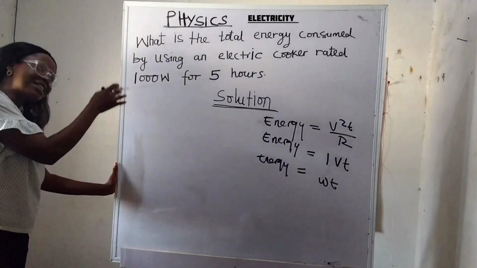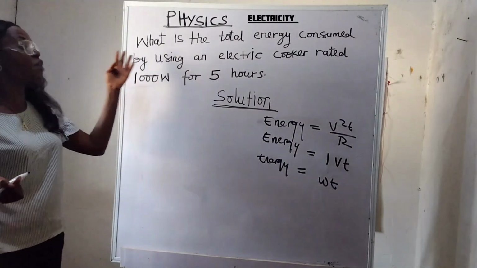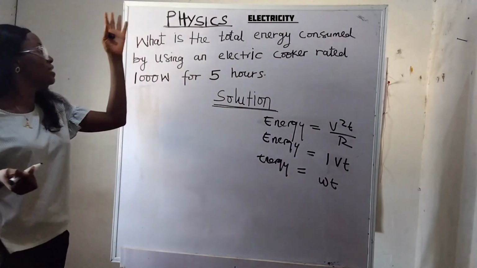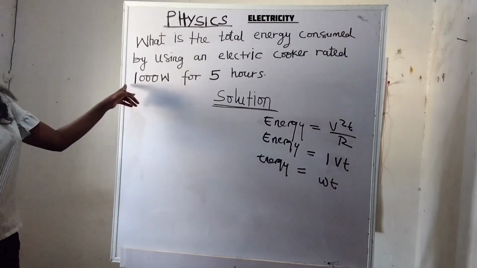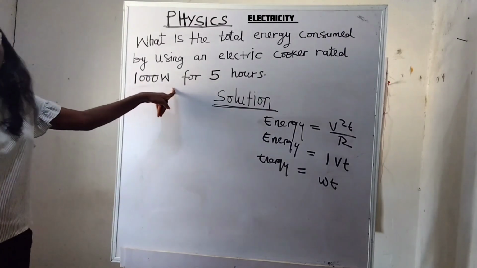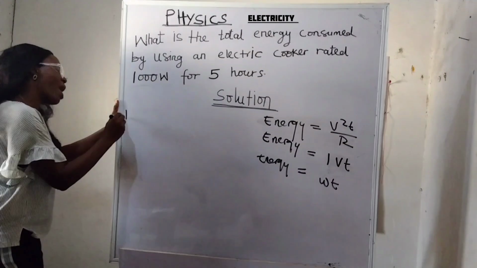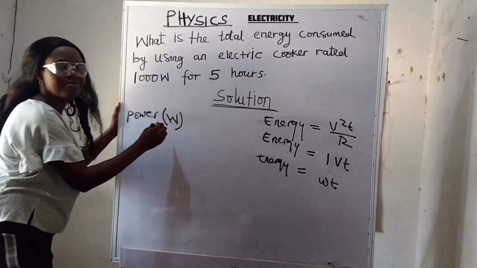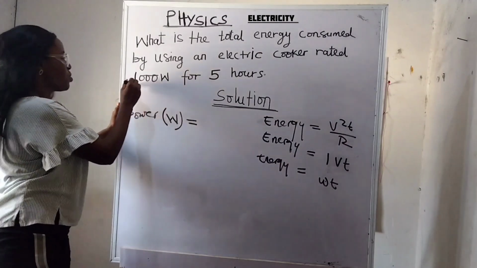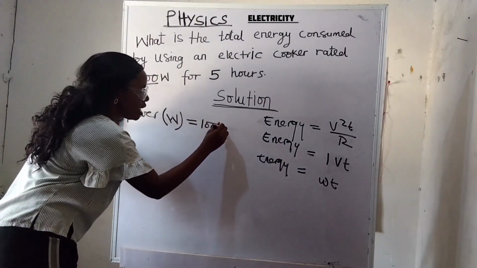Now come back to the question and check the data given to us to know the formula we will apply. The first data I'm seeing here is 1000 watts, and we know power is measured in watts. So I'll write power equals 1000 watts.